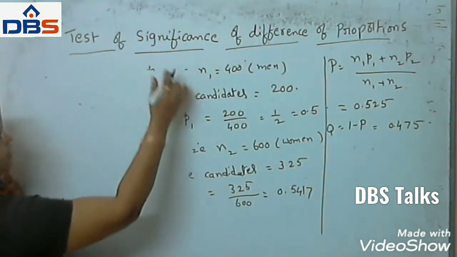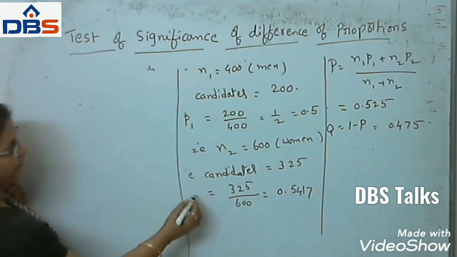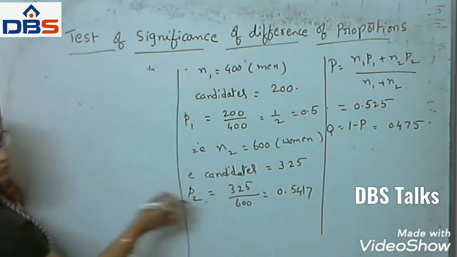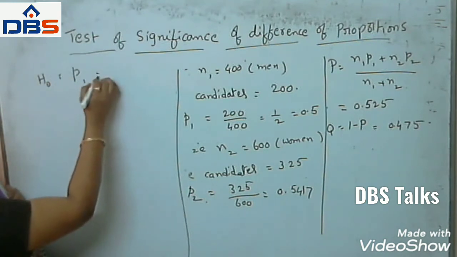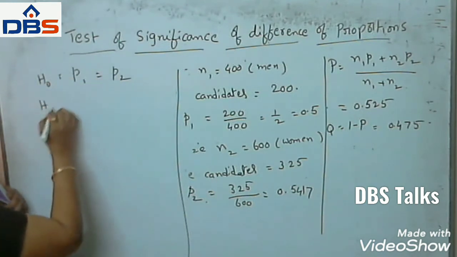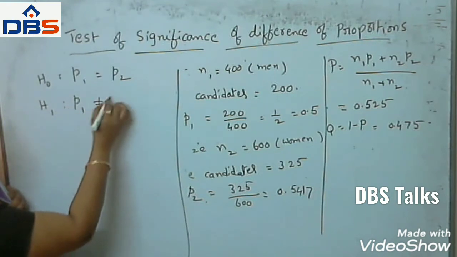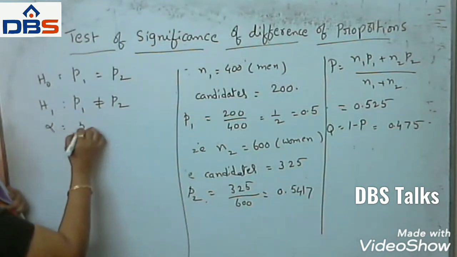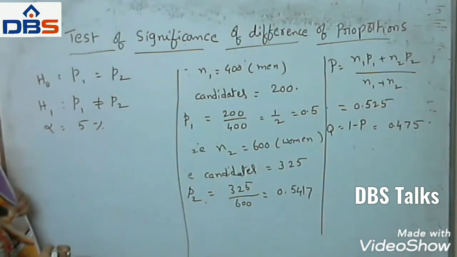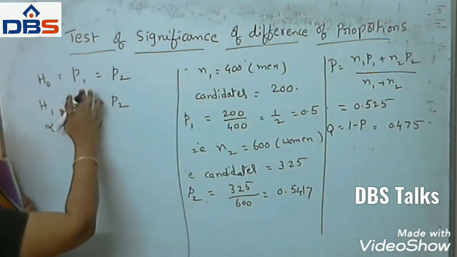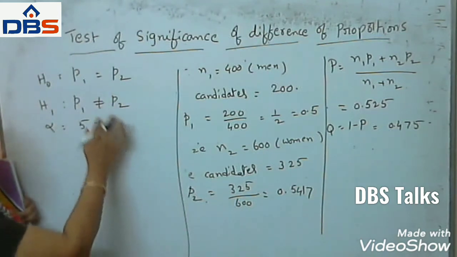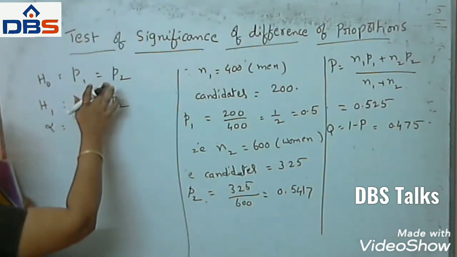Our aim is to test whether these two proportions are equal or not. So let us take H0 as P1 equal to P2, and H1 as P1 not equal to P2, with alpha 5%. We are taking the statement that P1 equals P2, and now we are going to test whether this statement is accepted or not.